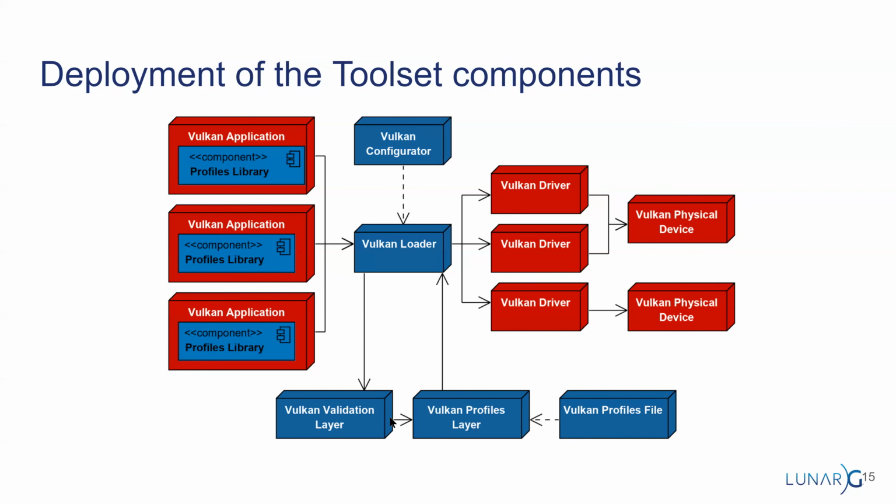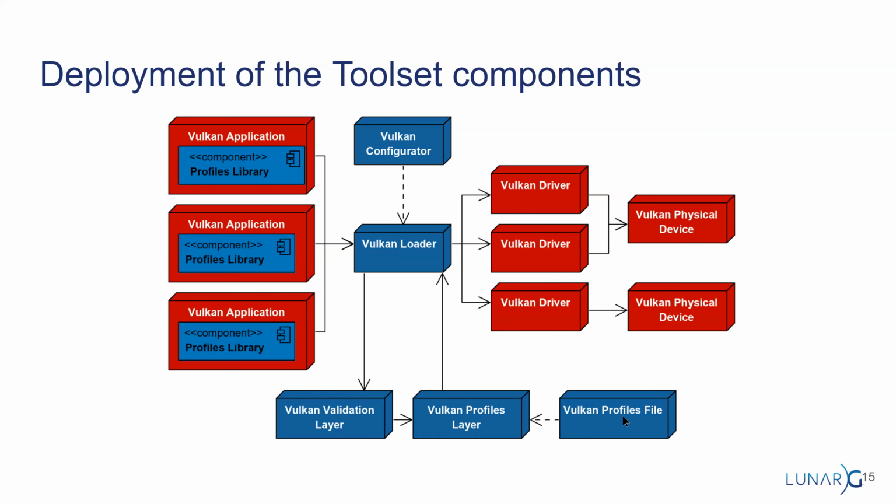The layers are used during development time, and the profile layer typically works together with the validation layer, because all the profile layer is doing is downgrading the capability reported by the driver on the system.